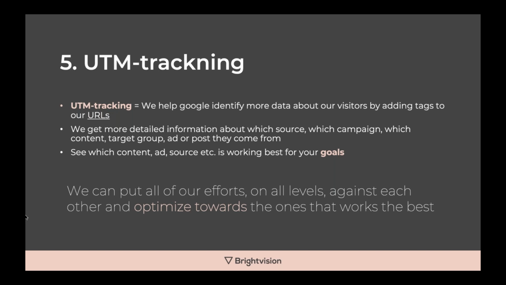So we need to look at it closer with the help of UTM tracking, so we can actually see the cost per lead on individual ads, campaigns, and target groups. So we can put them all together and put them against each other on all levels. We can actually make sure that we optimize towards the thing that gives us the cheapest and best qualitative leads.